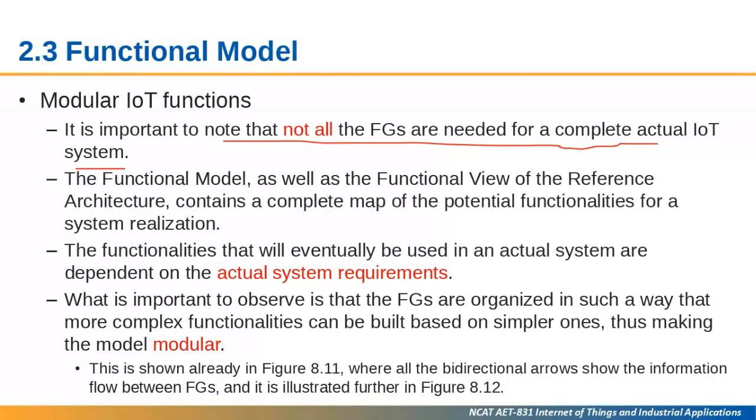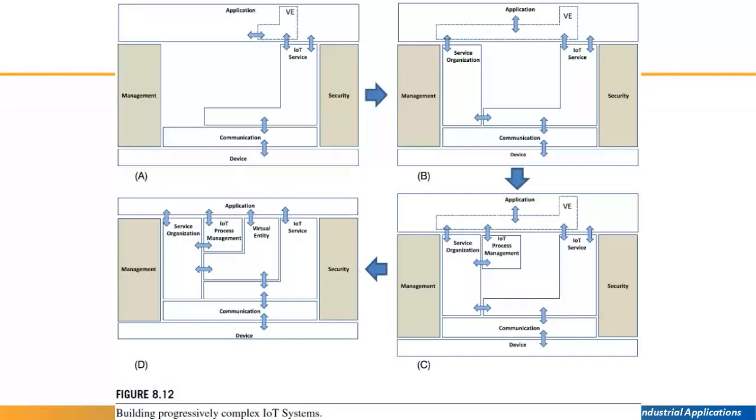But in reality, based on your applications, you can definitely simplify some of the functional groups if you don't need them. For example, if your application is quite simple, you don't need that. So it all depends on the actual system requirements. In that case, we can say that the model is modular. Basically, you just pick whatever you need and put it into the architecture.